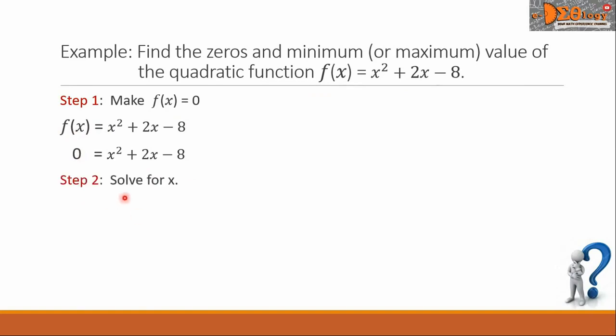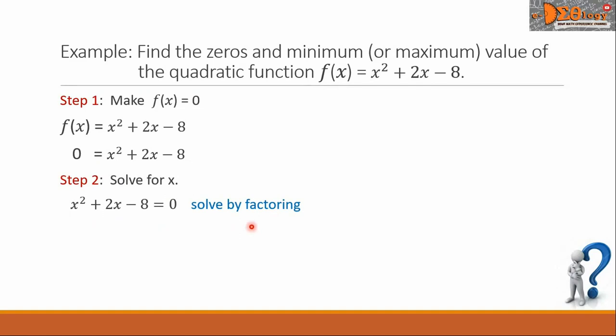Step 2, solve for x. Let us interchange the polynomial, the x squared plus 2x minus 8, and then the 0 will be on the right side. Solving for x, let us use factoring.